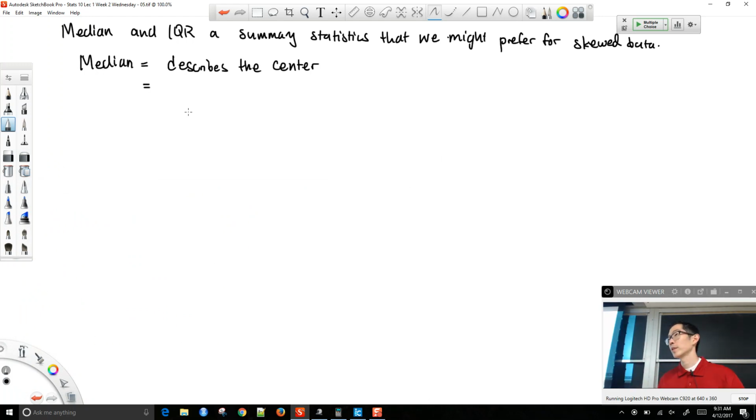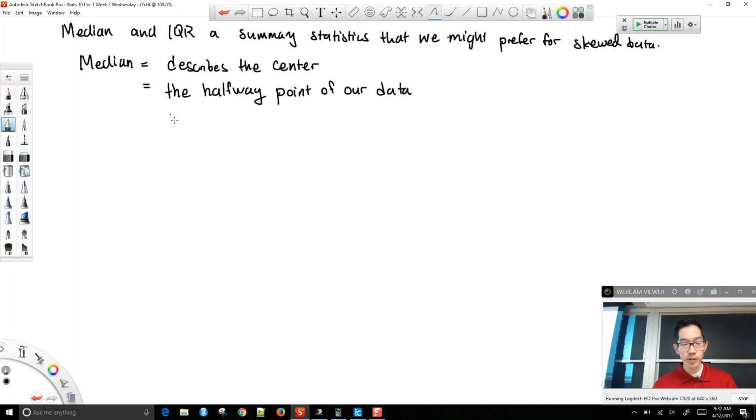We said it's the balance point of our data. The mean is the balance point of our data. The median can be thought of as the halfway point of our data. So the mean is the balance point. The median is the halfway point of our data.